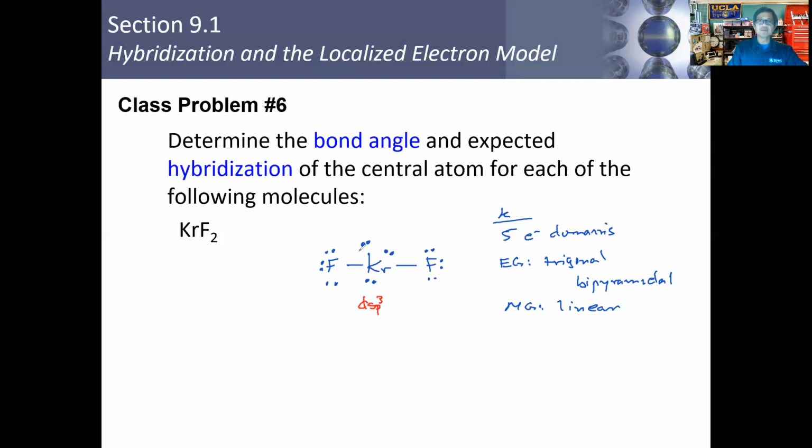Each fluorine is going to be sp3 hybridized. Each of these single bonds will have a sigma bonding interaction, and at that point it becomes a little easier to see. Make sure you are able to get that.